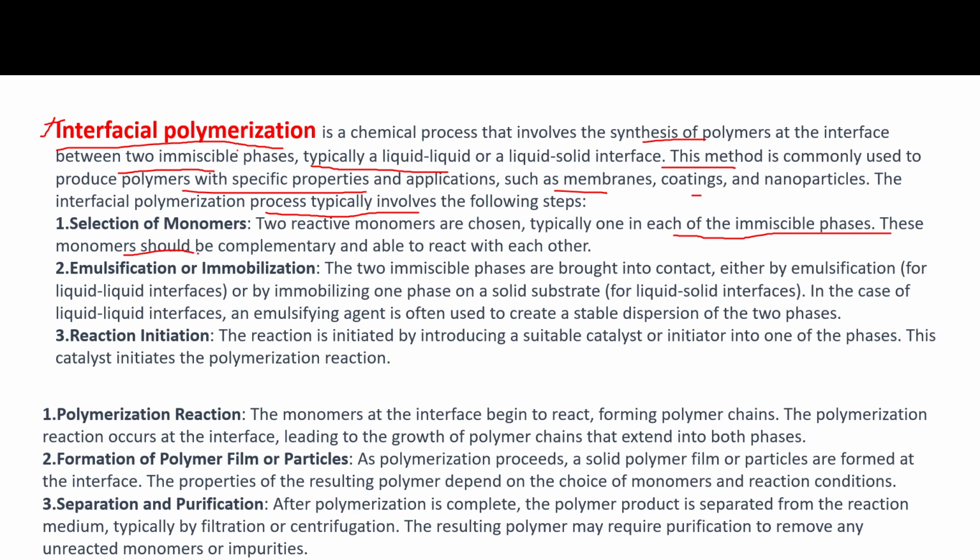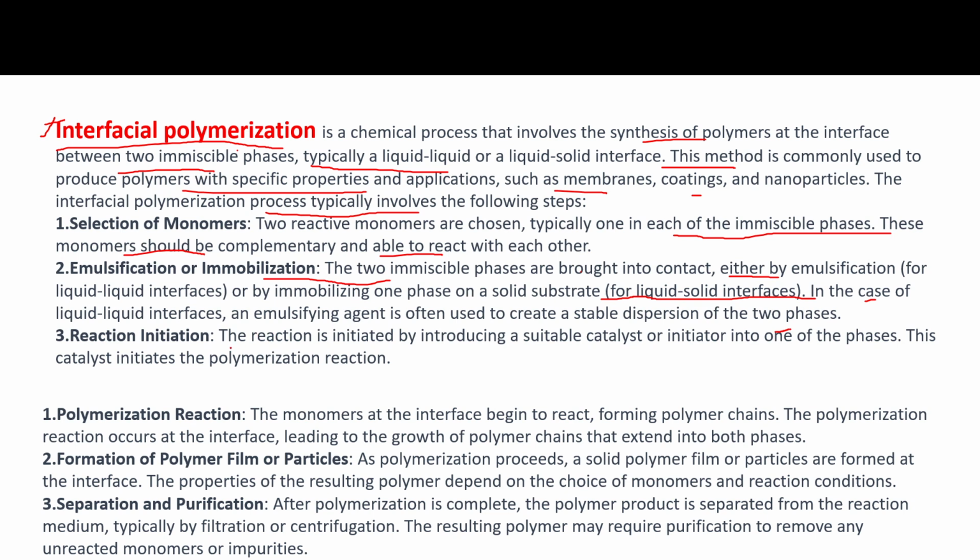These monomers should react completely with each other, but they need to be soluble in different solvents. Then emulsification or immobilization: the two immiscible phases are brought into contact either by emulsification or by immobilizing one phase on a solid substrate for the liquid-solid interface. In the case of the liquid-liquid interface, an emulsifying agent is often used to create a stable dispersion of the two phases, like we do in emulsion polymerization.